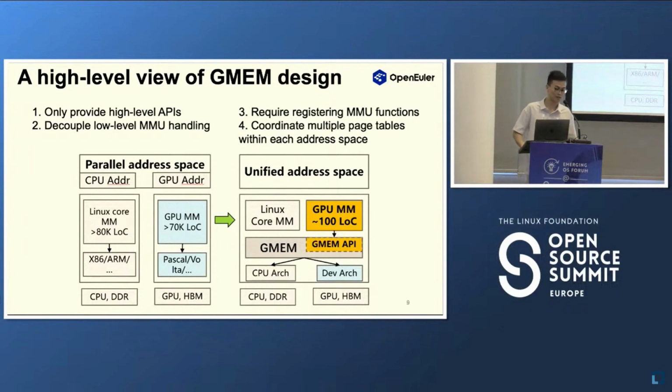The second principle is that we want to decouple the low-level MMU handling, just by registering the device-specific architecture functions, because in the current Linux design you can only register different CPU architecture functions, but it is not really scalable or extendable to accelerators. And the third and the fourth are basically registering their own MMU functions so that we don't limit your microarchitecture design, and we coordinate multiple page tables within each address space.